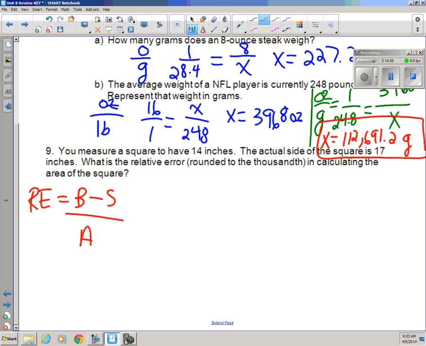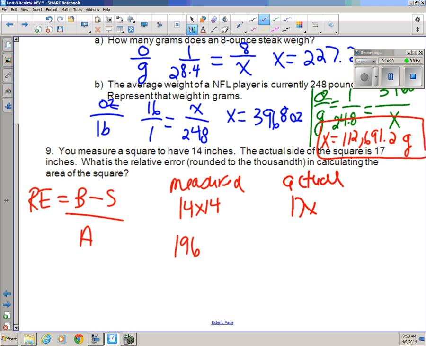So we've got the measured area, that's going to be 14 by 14, and that comes out to be 196. We've got the actual area of the square to be 17 by 17, which comes out to be 289.